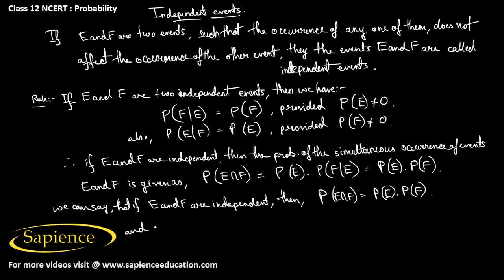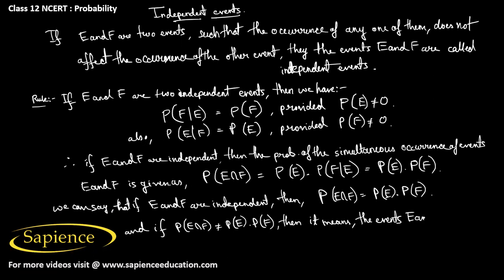And if the probability of E intersection F is not equal to the probability of E times the probability of F, then we will say that the events E and F are not independent, which means they are dependent events.